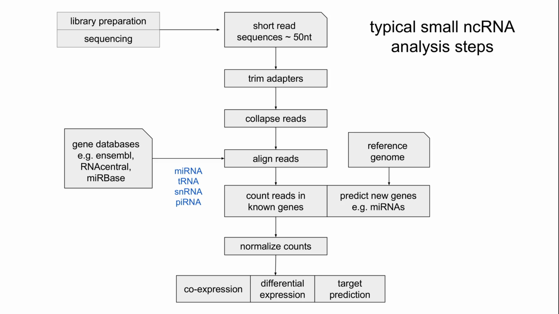And once the reads are aligned, you can count the reads present in known genes or predict new genes, for example, the prediction of novel microRNAs. And often then the counts will be post-processed by normalizing them in order to do, say, a differential expression analysis.